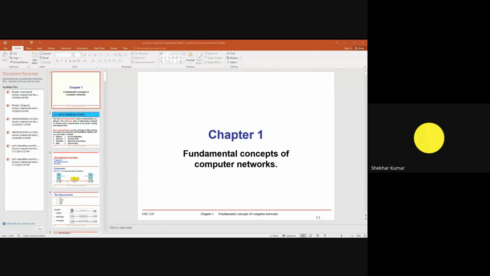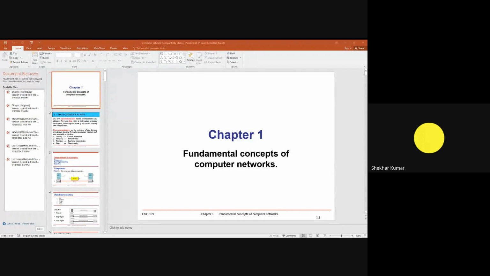In the 1960s, the Advanced Research Projects Agency of the USA Department of Defense, together with universities and research centers, developed a network for this defense agency.